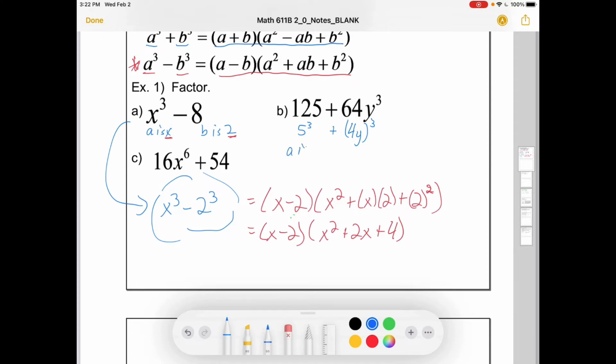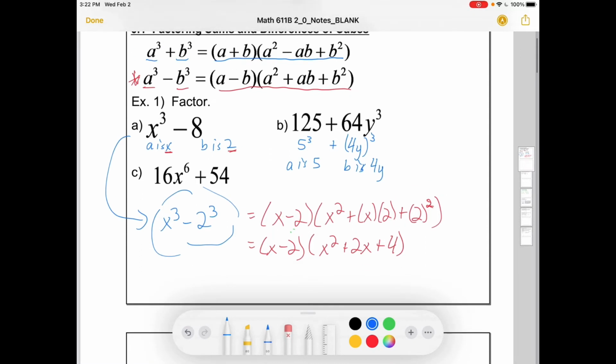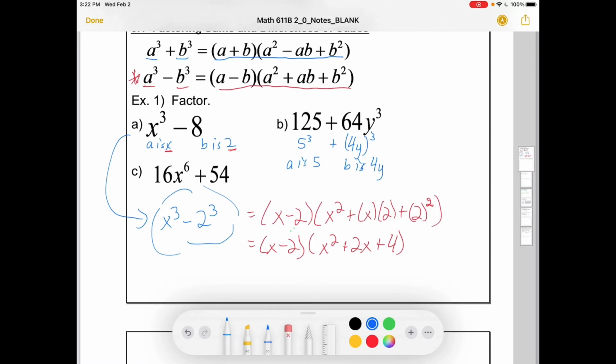So in other words, our a, our first thing that's cubed, is 5. And our b, our second thing that's cubed, is 4y. And we have to recognize them as sums or differences of cubes, so there have to be cubes involved. Let's check this out. We've got a slightly different formula for when we have a sum.